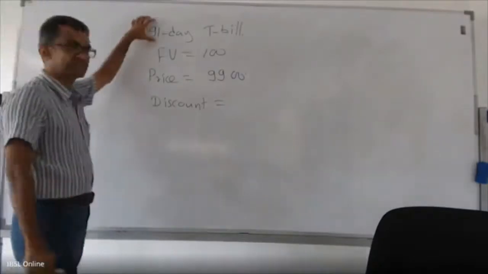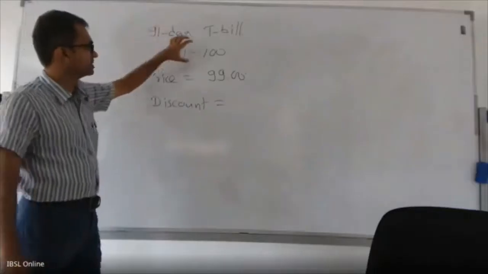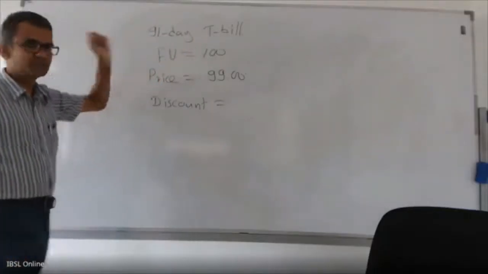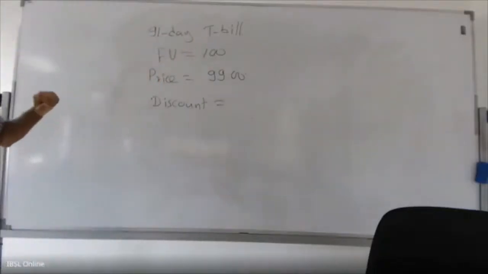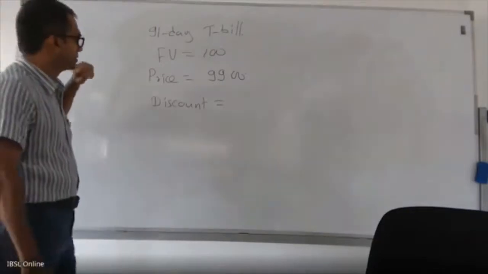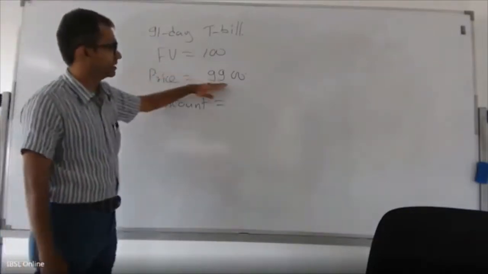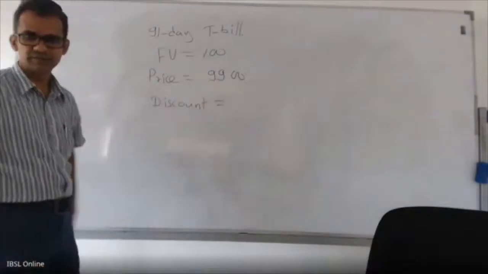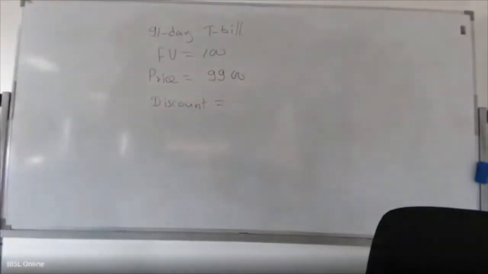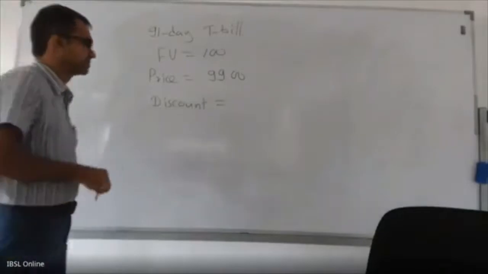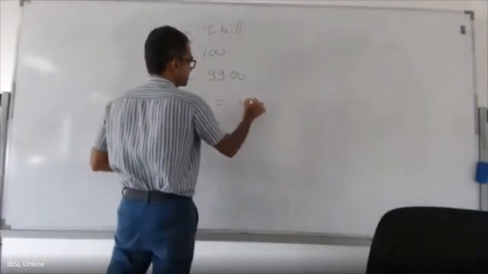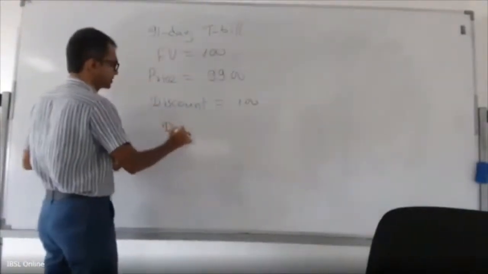It's a 91-day treasury bill. The face value, that means on the maturity date you will get 100 rupees. The price you paid is 99 rupees. What is the discount? 1. Discount is 1 rupee. What is the discount rate?